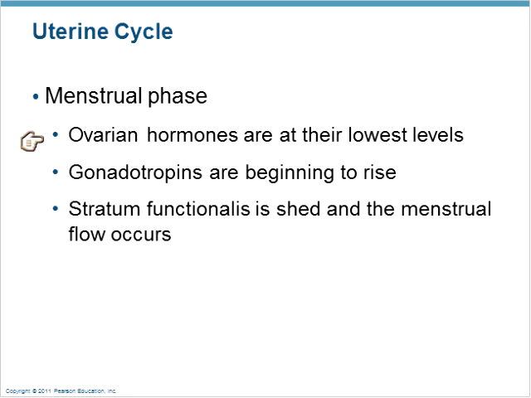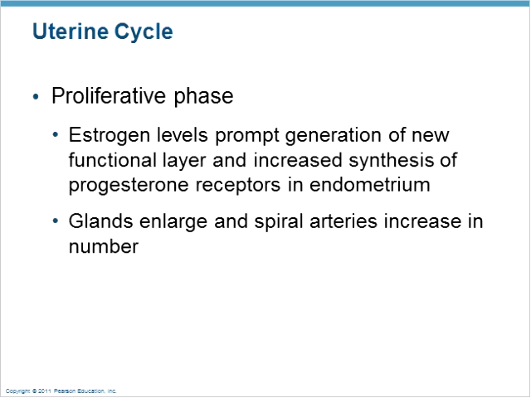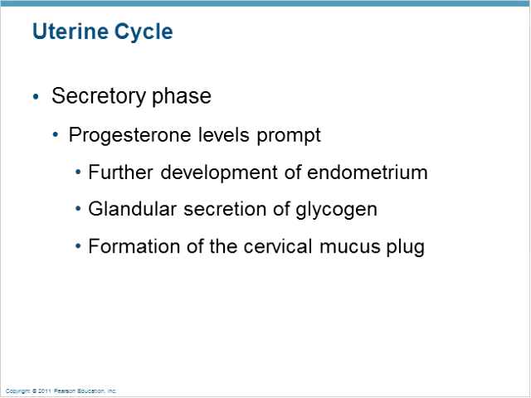Menstrual phase, the ovarian hormones are at their lowest. Gonadotropins are beginning to rise. And the stratum functionalis is shed, and the menstrual flow occurs. The proliferative phase, where estrogen levels prompt generation of a new functional layer, increased synthesis of progesterone receptors in endometrium, and the glands enlarge, the spiral arteries increase in number in the endometrium.